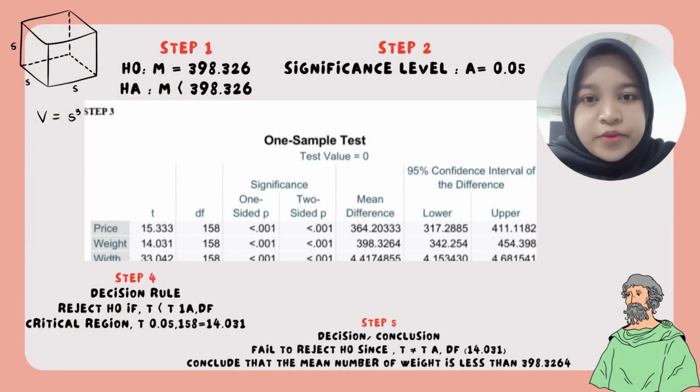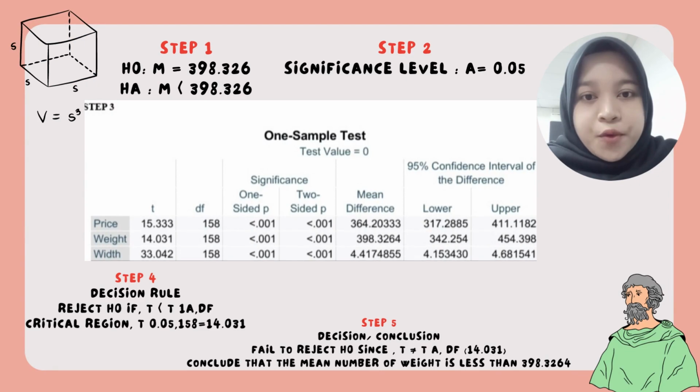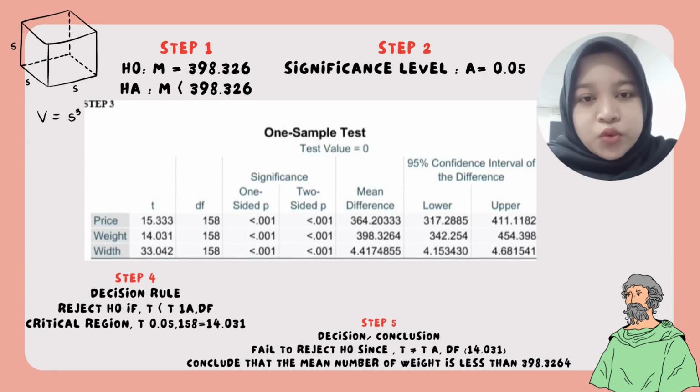Next, we will look at the one sample test. Okay, step 1 is H0, and then we got equal 398.326. In step 2, significance level, we also got the same, A equal 0.05.